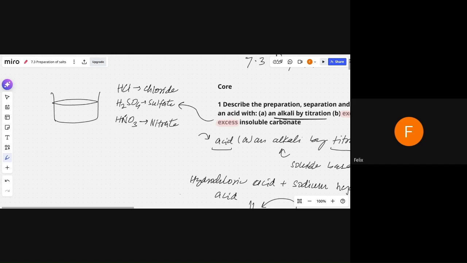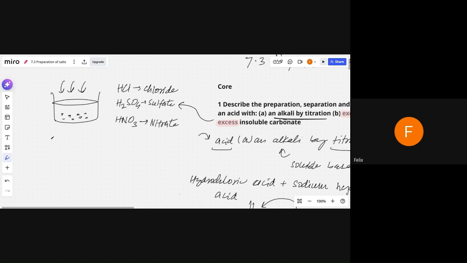So let's use sulfuric acid this time, and an insoluble carbonate, right? A metal carbonate that is insoluble. So we keep on adding it until the bubbling stops, and the excess insoluble carbonate will form a precipitate.